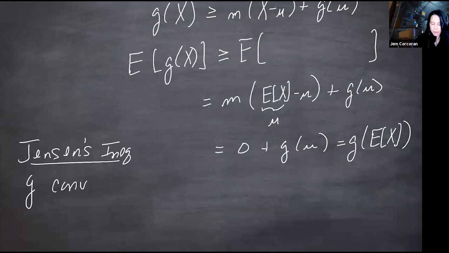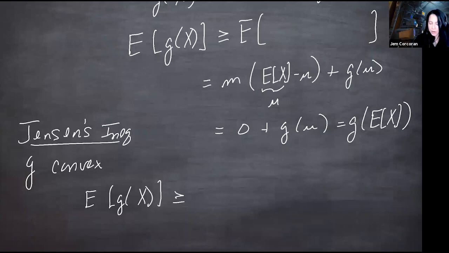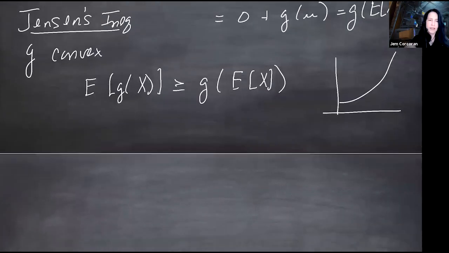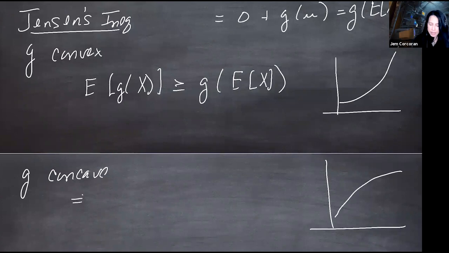If g is convex, which means it's like concave up, the expected value of g of X is greater than or equal to g of the expected value of X. So that holds for any functions that look like this. And if you have something that is concave down, or concave, if you're using the language of convex and concave, then this implies that the negative of g is convex.